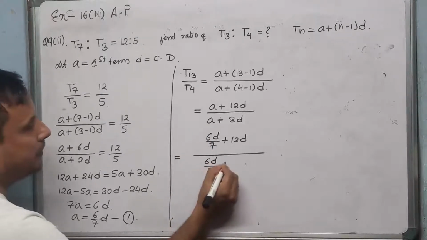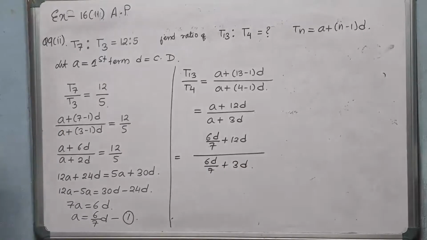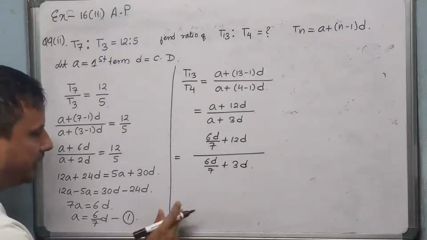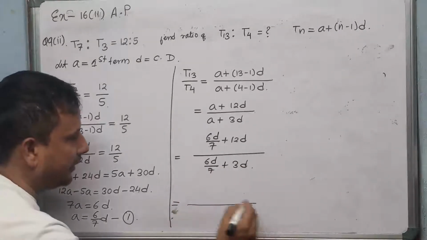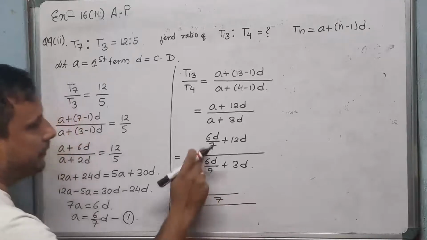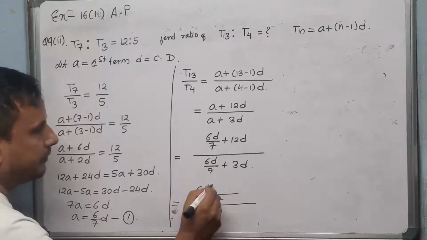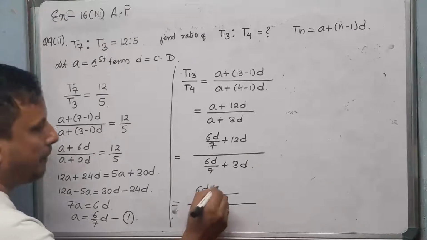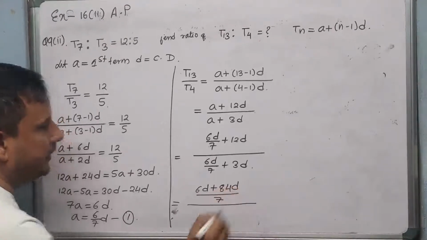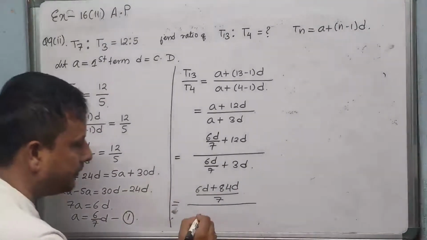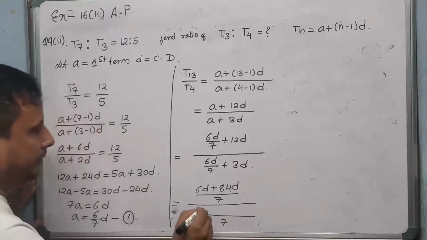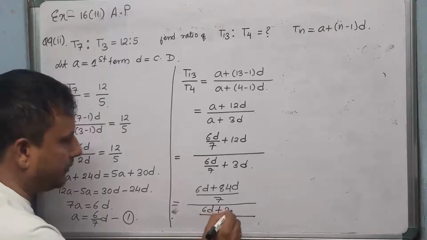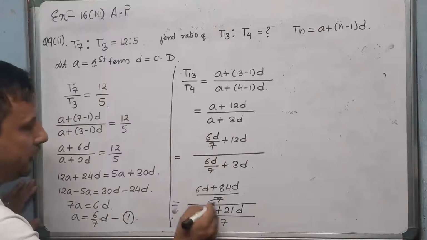Also 6D by 7 plus 3D in the denominator. In both numerator and denominator, the LCM is 7. If I take 7 as LCM over here, we get 84D, and these two sevens get cancelled.